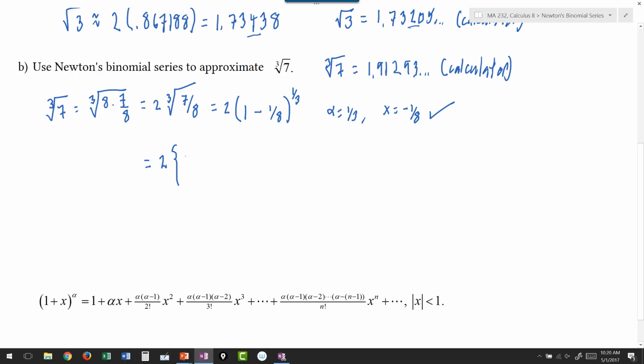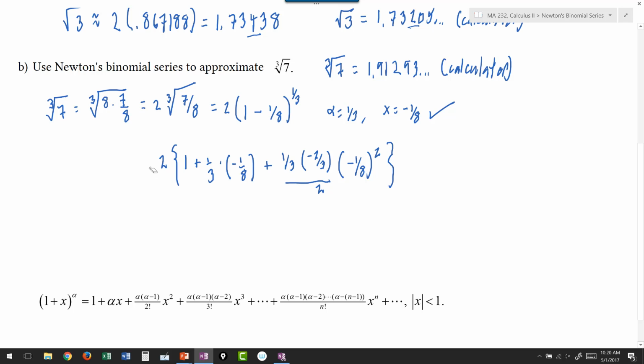And I'll just go to 3 terms again. So I get 1 plus alpha times x plus alpha times alpha minus 1, that would be a minus 2/3, times x squared, which is minus 1/8 squared, all over 2.